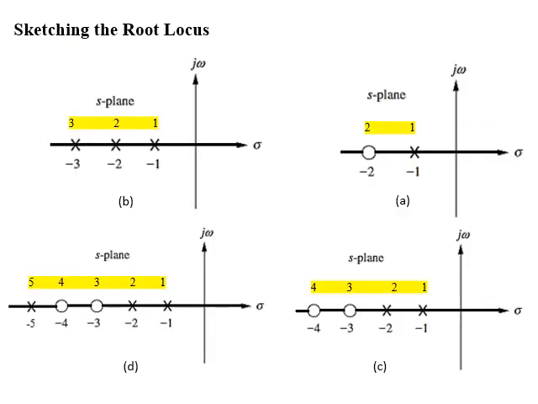Dear students, now with the help of an example, we will try to explain the third rule. As the rule says, on the real axis, the root locus exists to the left of an odd number of real axis finite open loop system poles and/or finite open loop system zeros.